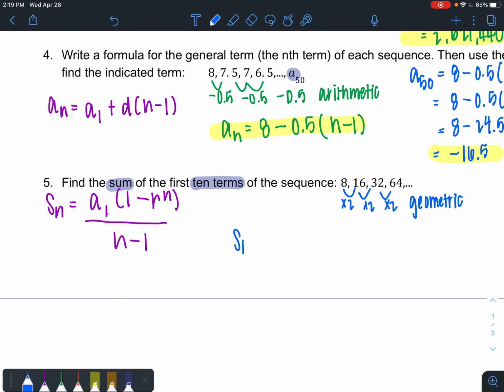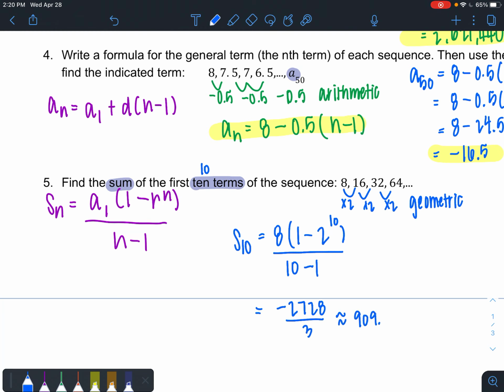So S sub 10 is equal to my first term times 1 minus my ratio to the n, over 1 minus the ratio. When I plug that into my calculator, I get negative 2728 over 3, which is about 9.3 repeating.